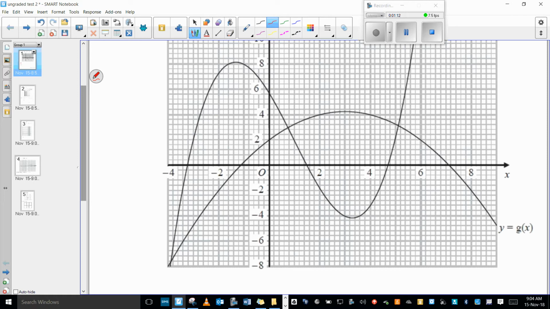Can you all look at the graph and tell me what the value of that graph is when x is 0? 2. Yes? So we find 0 on the x-axis and we look at the g graph and see what number it is. That's how we would find that answer. You happy with that? So that's 2.